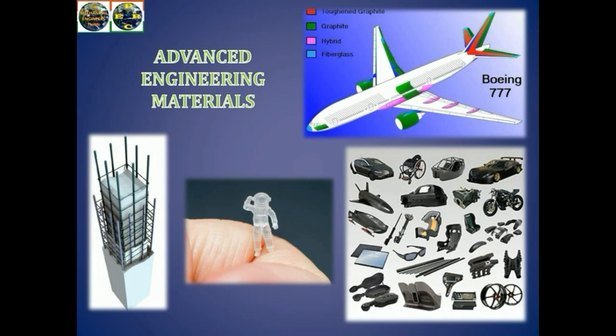You can see a Boeing 777 aircraft, which uses different materials. You can also see a rubber miniature, which is a 3D printed nanostructure. And you also see carbon fiber reinforced products, which are used in manufacturing body parts of automobiles, electronic devices, and many more.